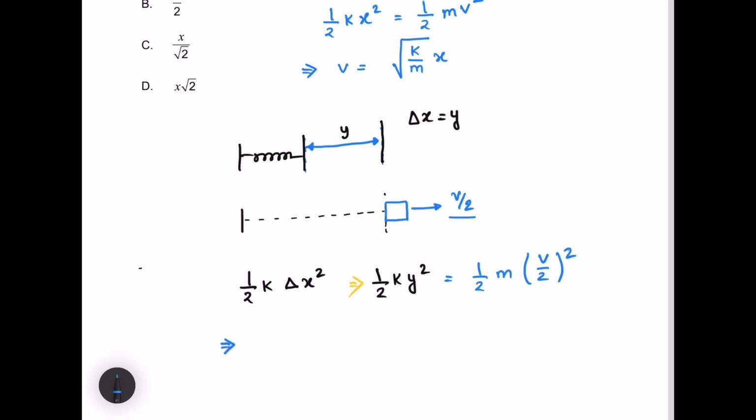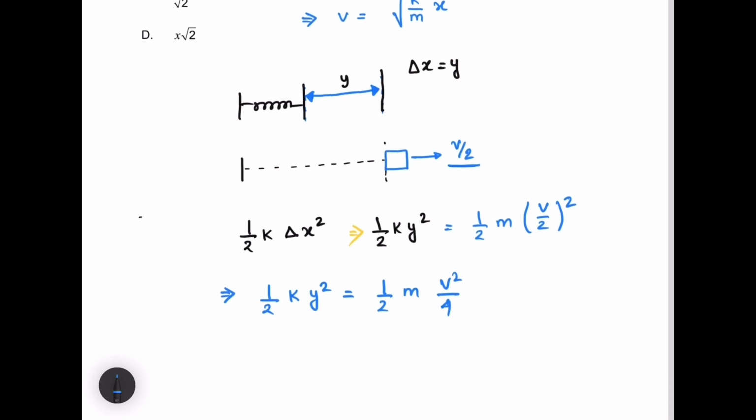I want y, the distance it must be compressed so that it moves with the speed of v by 2. So half k y square would be equal to half m into v square by 4, right? Now from here, y would be equal to the square root of m by k, into v by 2. Just basic calculation, you can do it.